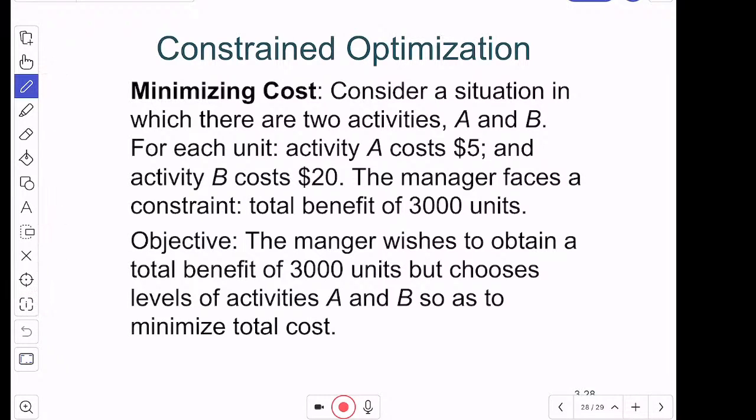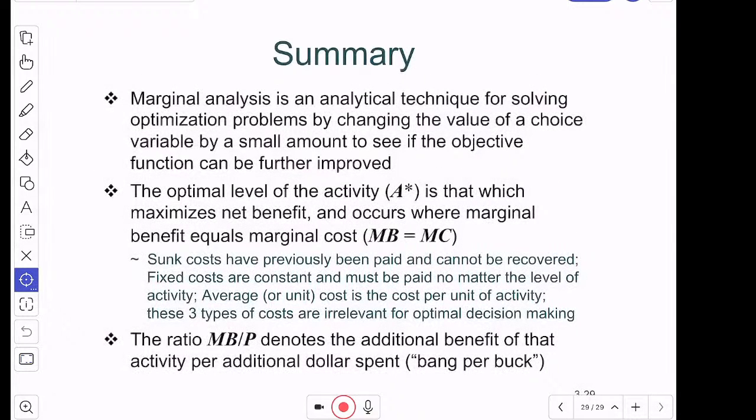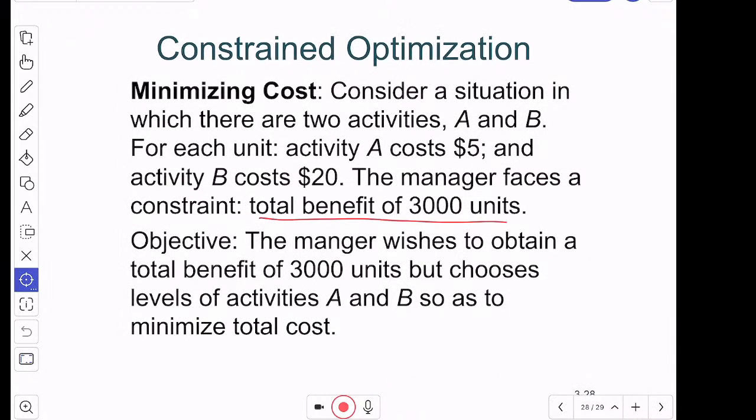So this is just flipping the problem, looking at minimizing costs with this benefit as a constraint, as opposed to before, which was maximizing benefit where cost was a constraint. I hope you can see this is the same sort of problem, but I just flipped it around.